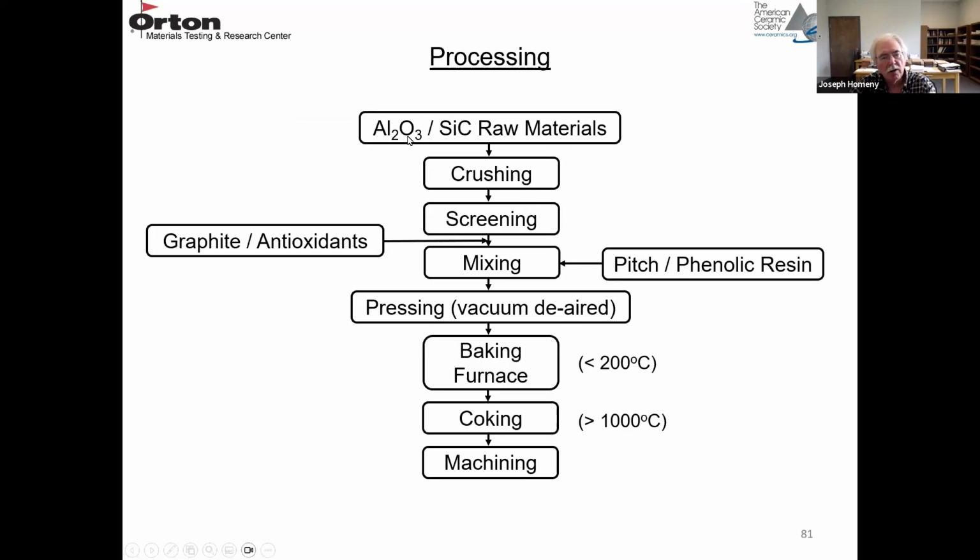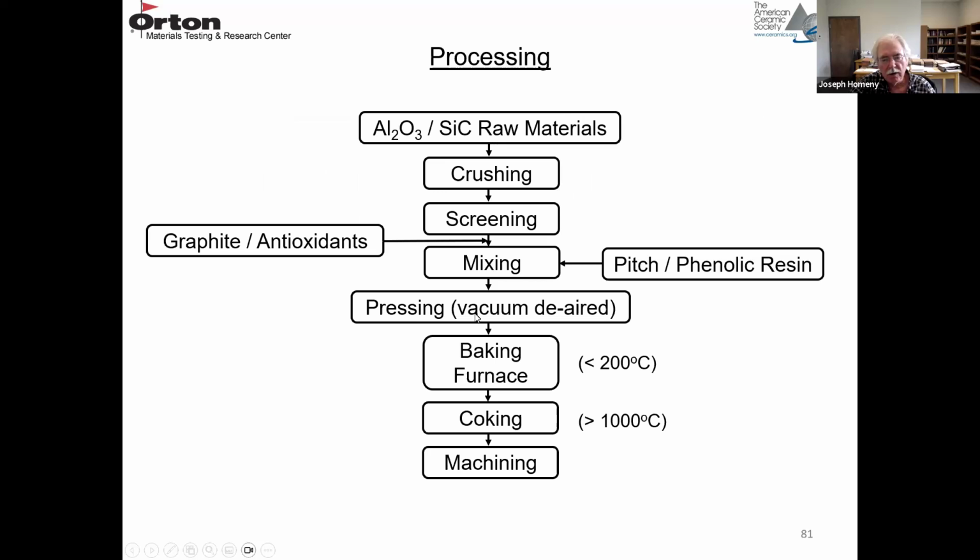So you start out with alumina and silicon carbide. And again, we're crushing these materials, screening them into the right size distribution for optimum packing. Graphite and antioxidants are added during the mixing, and then the phenolic resin is also added.